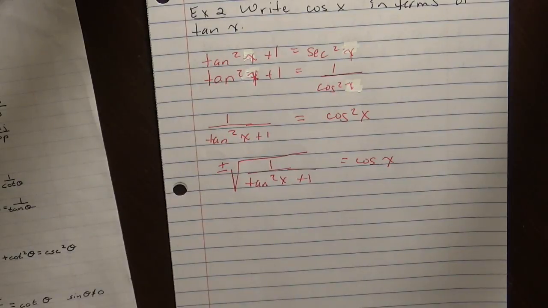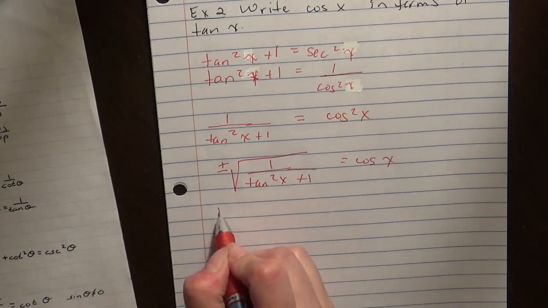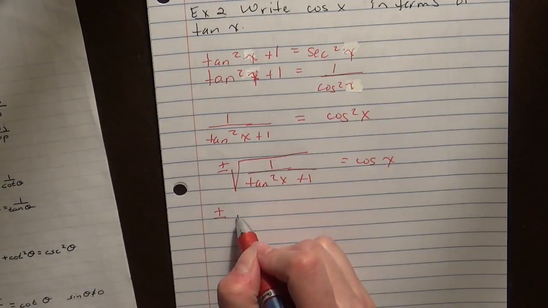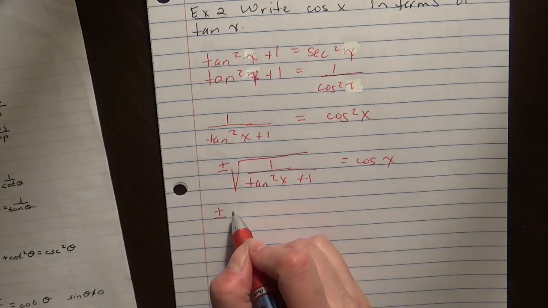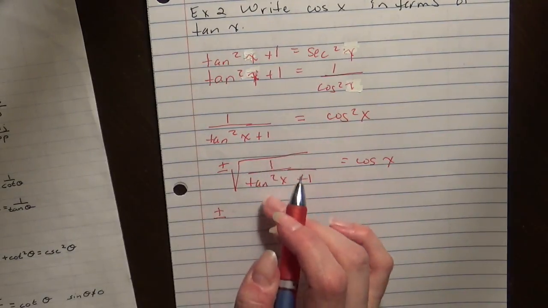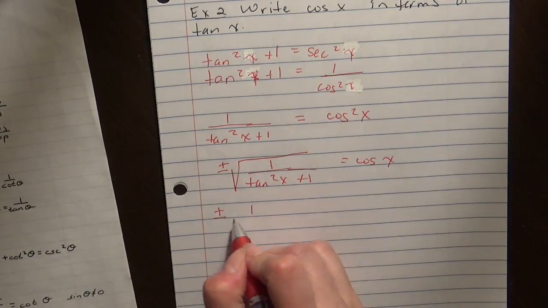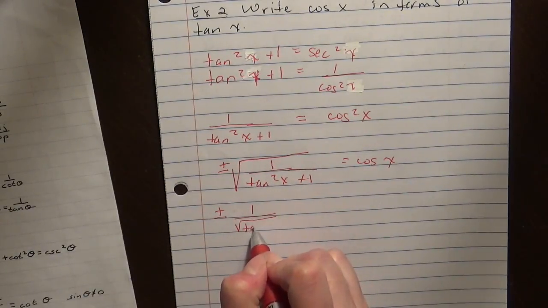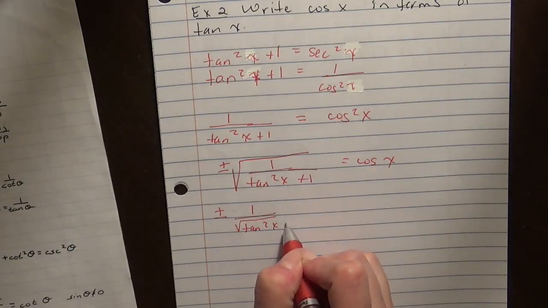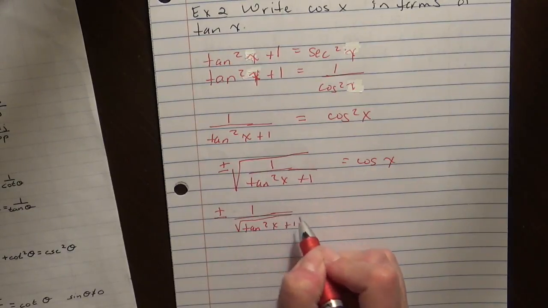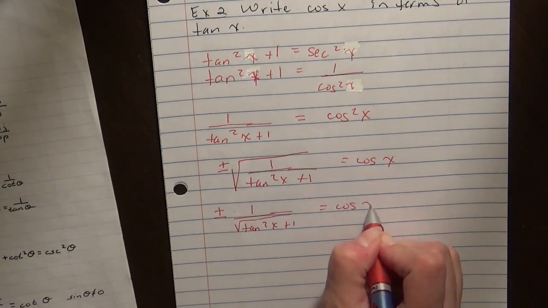We've done it. We've written cosine in terms of tangent, but we do have to rationalize our denominator. So to do that, we'll have plus or minus square root. Let's see. Let's break it apart first. You can write this as 1 over the square root of tan square x plus 1 equals cosine x.